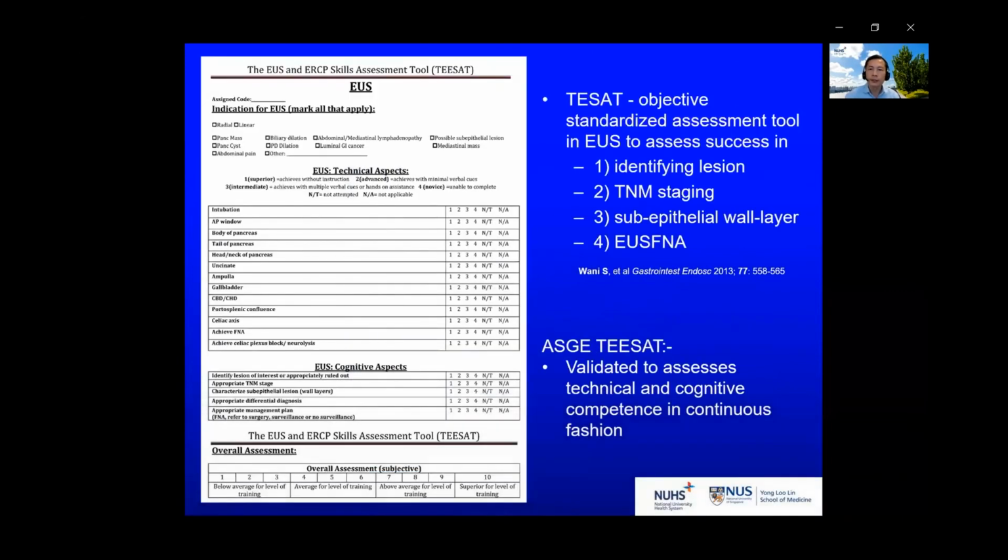They came up with the so-called objective standardized assessment tool called EUS-ASAT, which stands for the EUS Skills Assessment Tool. In that particular tool, a number of technical as well as cognitive aspects were assessed, including identifying lesions, TNM staging, subepithelial wall layer, as well as EUS FNA.